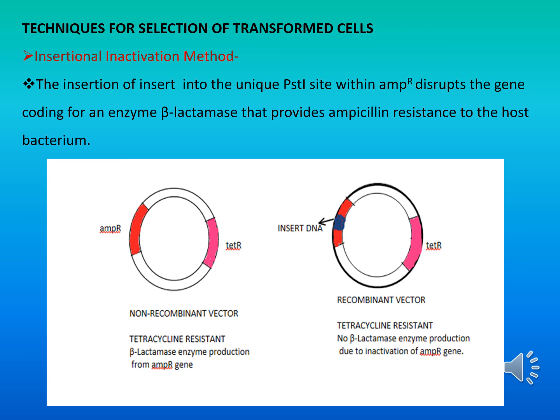Now this ampicillin gene encodes the enzyme beta-lactamase. This enzyme provides resistance against the ampicillin antibiotic to the host bacterium. When E. coli contains the non-recombinant vector, then that cell produces the beta-lactamase enzyme, but when the E. coli cell contains the recombinant vector, that E. coli cell will not produce beta-lactamase enzyme due to inactivation of the ampicillin gene.